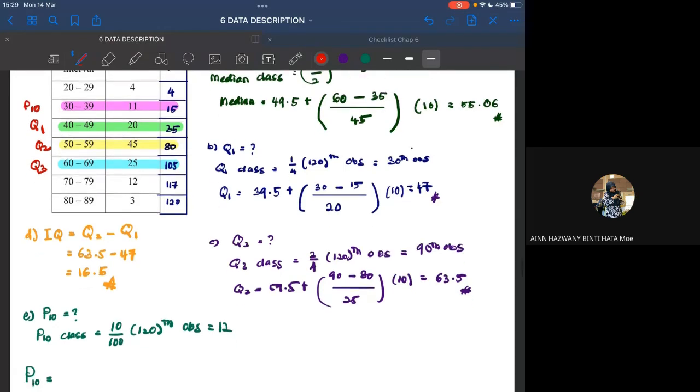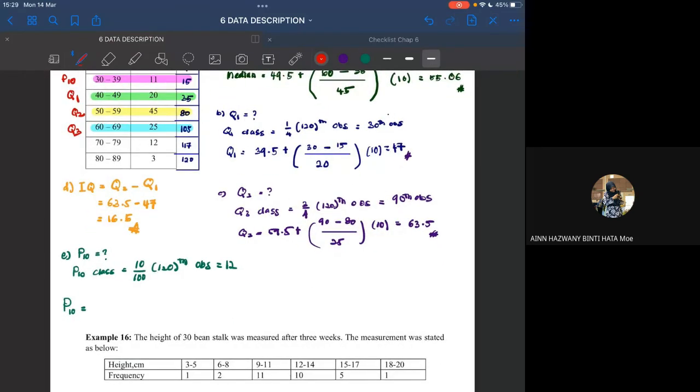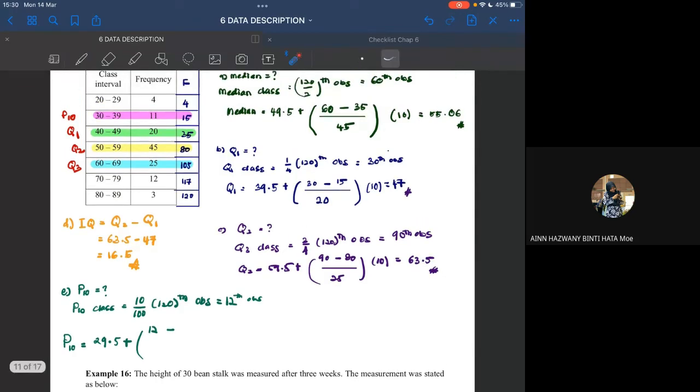Okay. So lower boundary is 29.5 plus the product from here, 12 minus cumulative frequency before, ini ialah cumulative frequency before class is 4, minus by 4 over by frequency of the class which is 11.